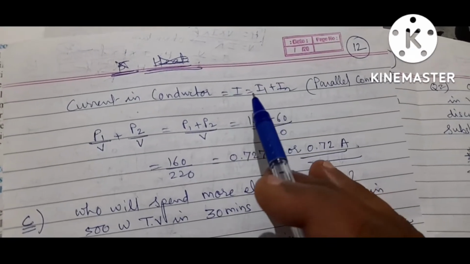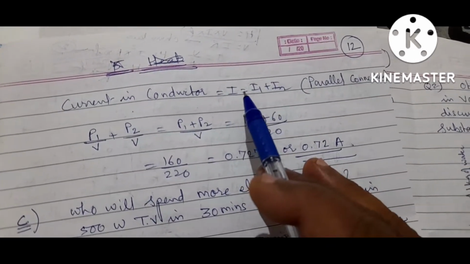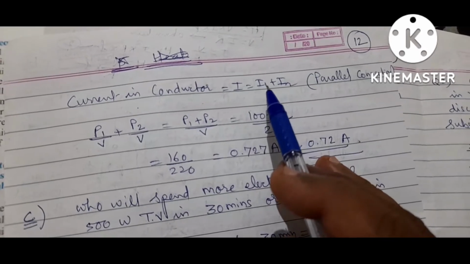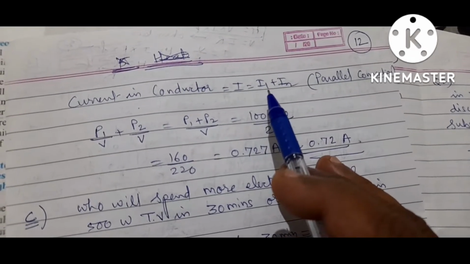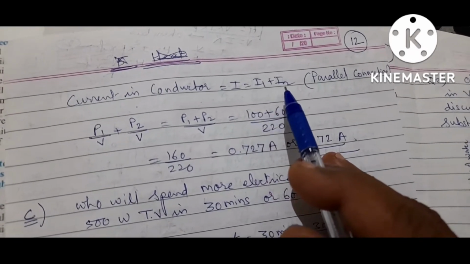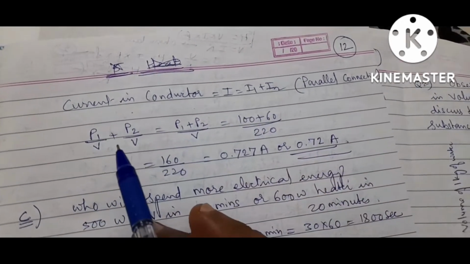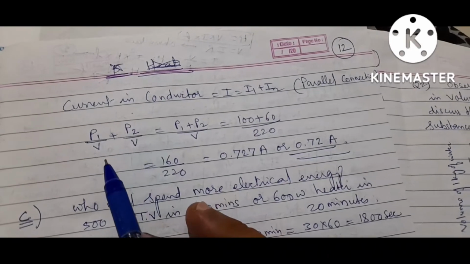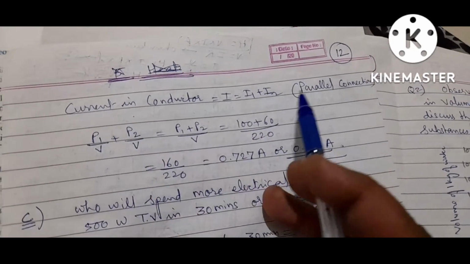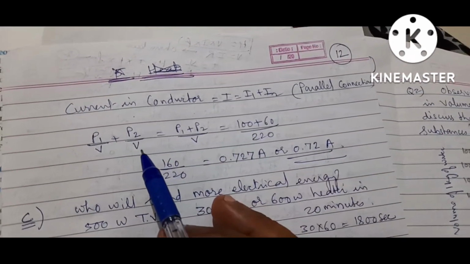This means the current is flowing through both the bulbs: in the first bulb I1 is the current, in the second bulb I2 is the current. Now instead of I1, in the previous case we have seen P1 upon V, so I is equal to P1 upon V plus P2 upon V.